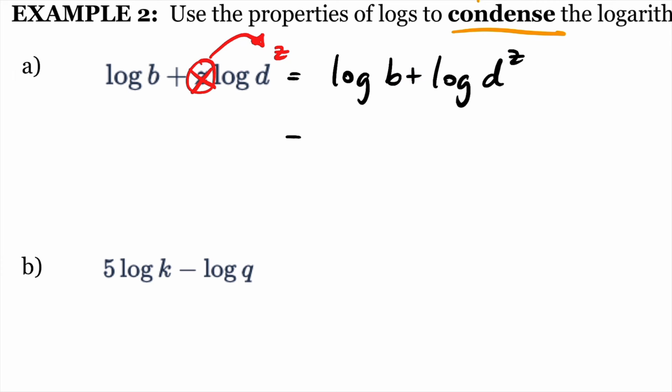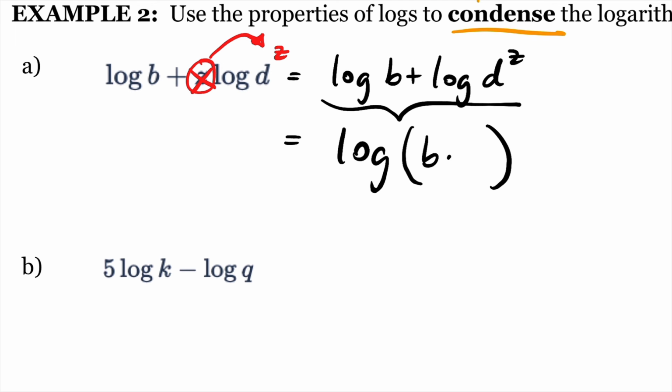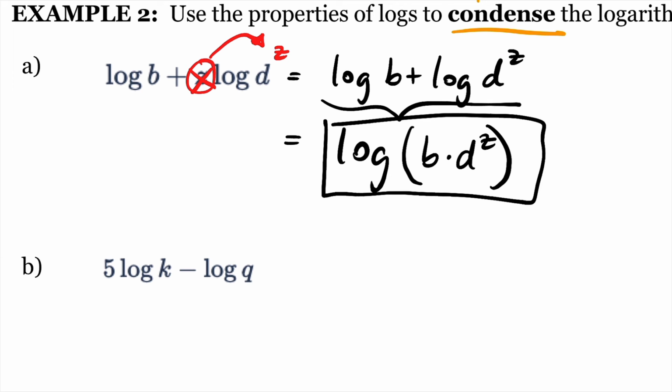So I'm only going to have one log. And instead of addition, I'm going to have multiplication. Done. Now I'm on the other side. Now I'm on the left side, the expanded side, or sorry, the condensed side. I only have one log. I started with 2. I only have 1 now.